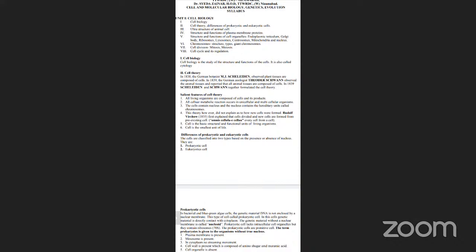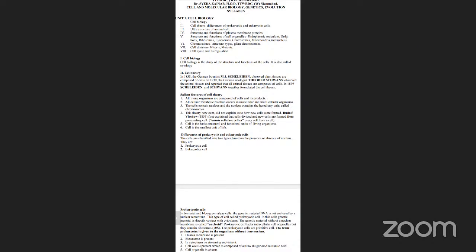Schleiden was a botanist and Schwann was a zoologist. These two persons observed the cell and together composed the cell theory in 1839.